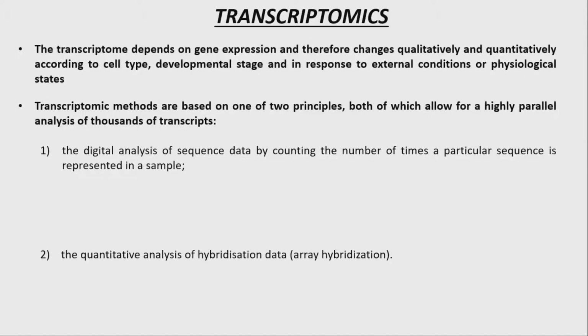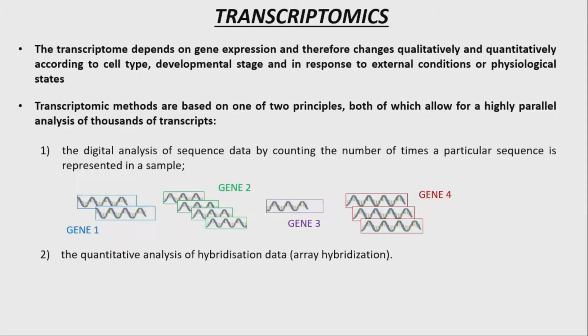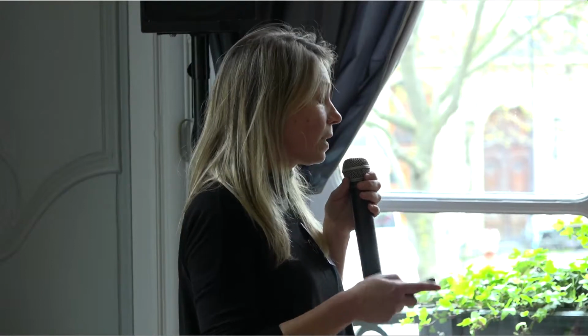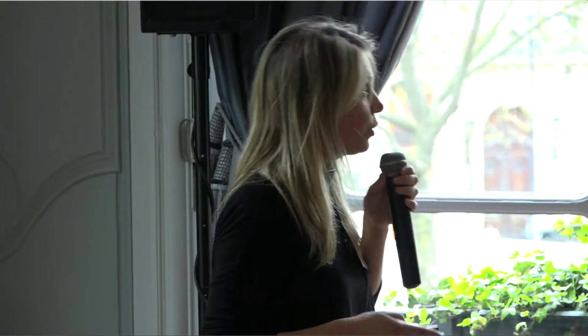or physiological state. There are two approaches, two principles, that can be used for the determination of the total amount of transcripts. There is the digital analysis of sequences, which is simply the count of the number of times that a particular sequence is present in a sample. In that case, we can count the transcripts referred to each gene, and we can determine the presence of this transcript and determine the expression of each gene.